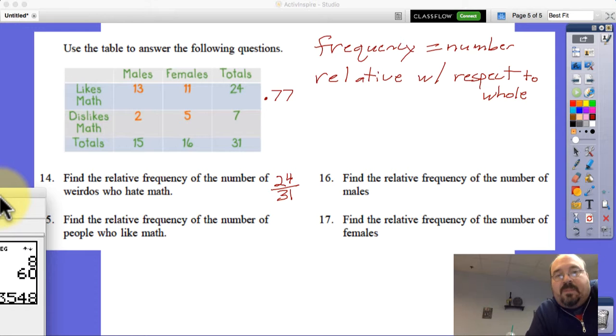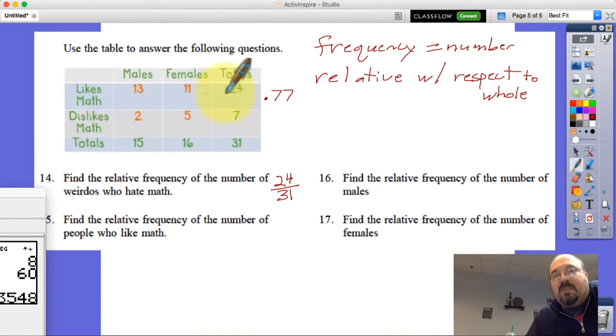Or hate math. The next one, the number of people who like math, well, oh, did I do this backwards? I think I did this backwards, because I said the number of people who hate math, and I used the number from the people who like it, didn't I? So I did a boo-boo here. So this is the number of people who like math.